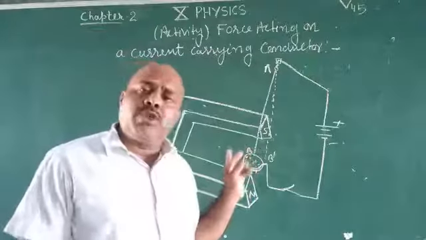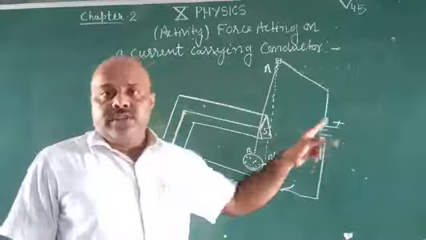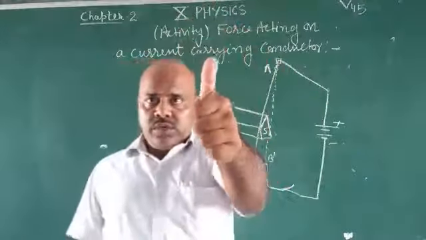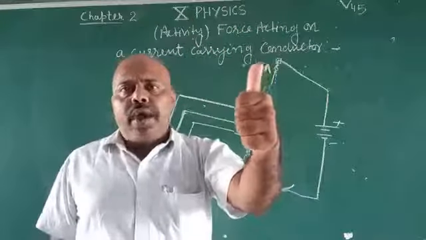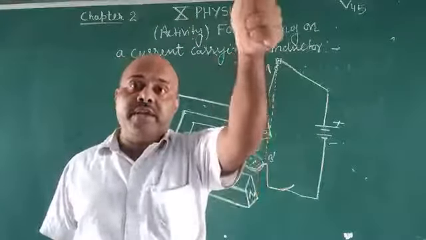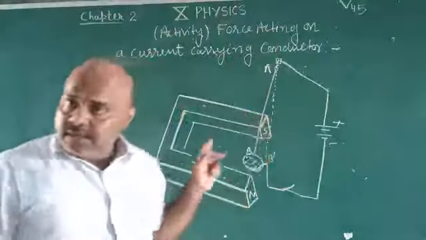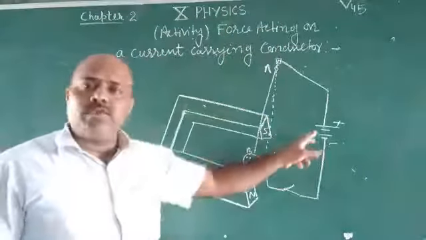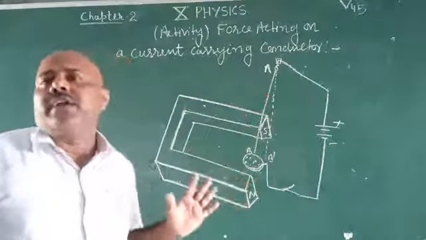Just like I told you in the right hand thumb rule, when we change the direction of current, the direction of magnetic field is reversed. And in this case, when we change the direction of current, the direction of force experienced by this current carrying conductor changes.